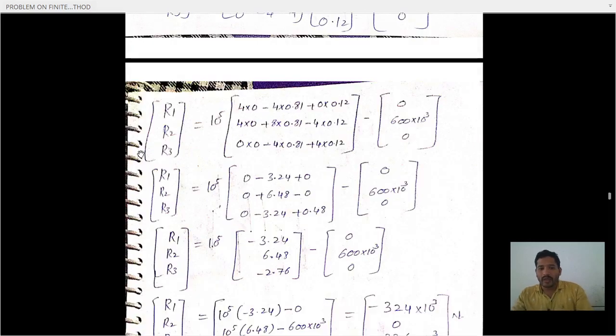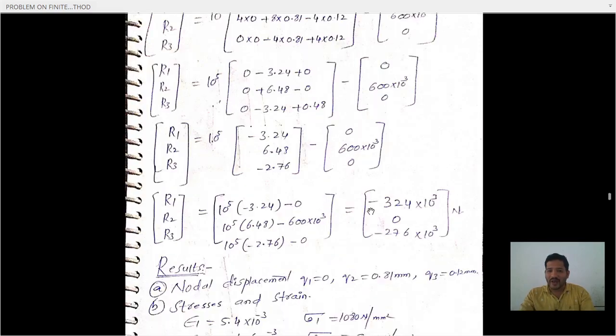After that, if you add this value, you will get the answer minus 3.24. If you add this value, you will get 6.48. If you add this value, you will get minus 2.76, minus 600 into 10 power 3 into 0.